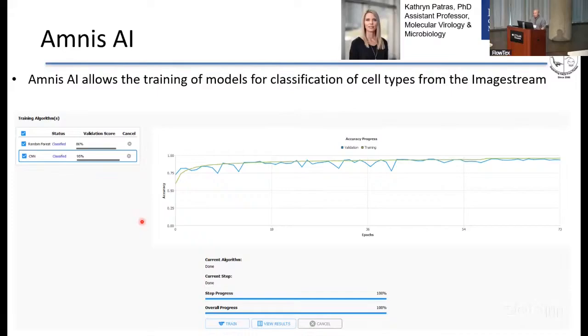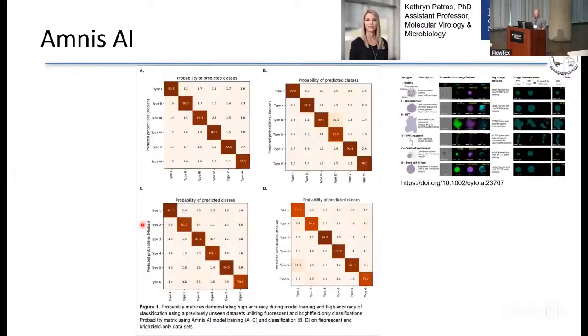We attempted to train models, first using the fluorescent staining, as we would our original data, and second, using the Brightfield imaging only parameters from the ImageStream, since we had demonstrated we could do that previously.